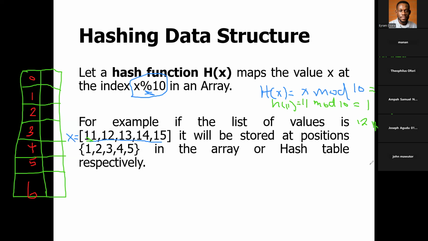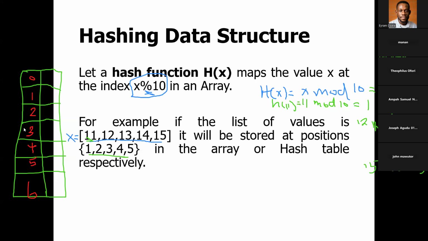So if we go all the way down to 15 mod 10, that should give us 5. Okay. So these are the values we are getting. So we are going to store the value of x in our array based on the position we derive from our hash function.